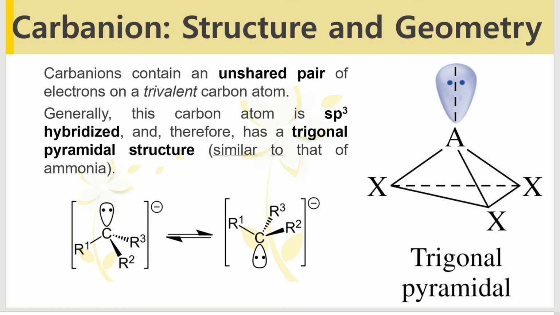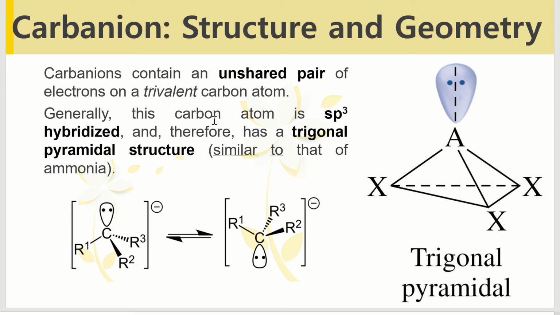So just some more details in terms of the structure and geometry of carbanions. They contain an unshared pair of electrons, as we see here, as well as here, on a trivalent carbon atom.